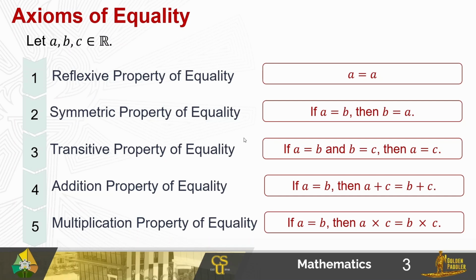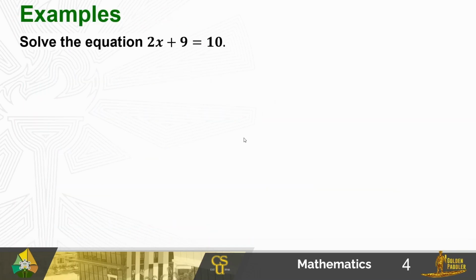Now, to illustrate these axioms of equality, let us consider the following example. Solve the equation 2x plus 9 is equal to 10. To solve this equation, we're going to use the field properties of real numbers and the axioms of equality.